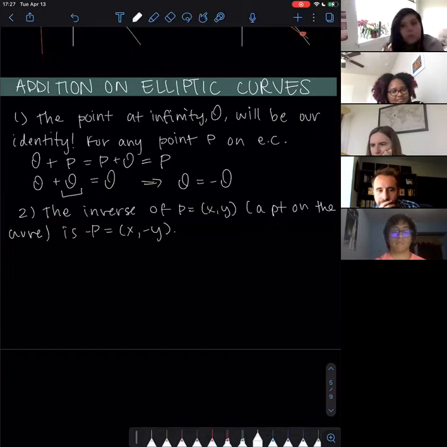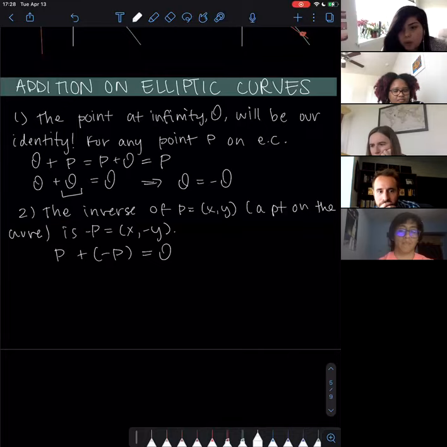So something that we'll want to be true is P plus negative P is going to equal the identity. And that's really gonna help us decide what we want this addition to be.